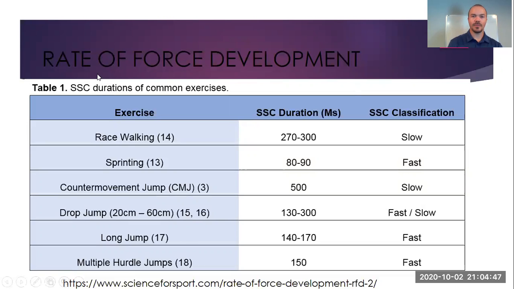Sprinting is our fastest stretch shortening cycle. So maybe that should inspire us all to keep in mind that if we want to improve our ability to create a stretch shortening cycle that produces power and force, even if we're not sprinters, maybe we should go sprint every once in a while.